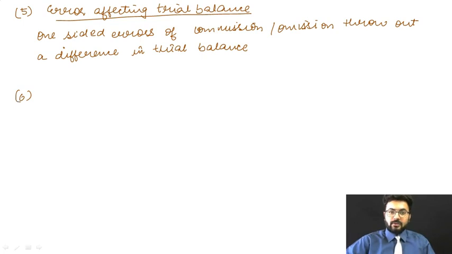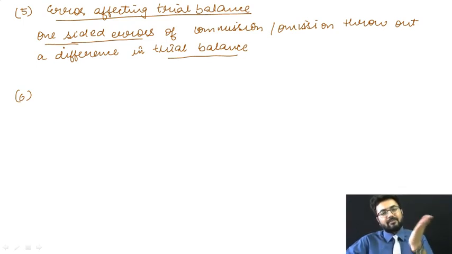Right? Understood? Got my point? So those errors which affect the trial balance are errors affecting trial balance. And there is also error not affecting trial balance.